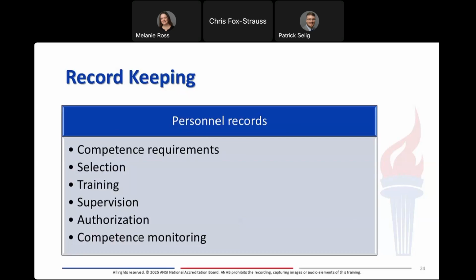Additionally, records must be available for the selection, training, and supervision of personnel, as well as the authorization of personnel to perform the calibrations. And finally, there must be records on hand with competence monitoring of all individuals that are performing the calibrations. This is something the laboratory must keep in mind that would be in addition to the competence records for the testing and measurements that are performed within the laboratory.